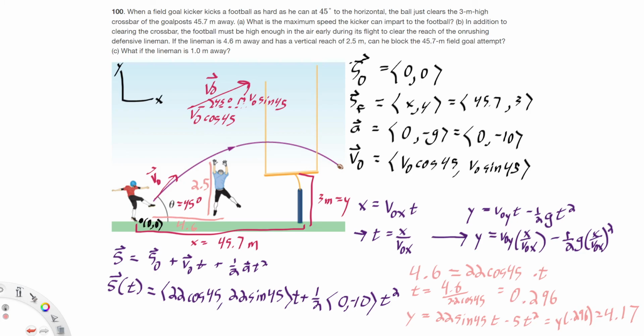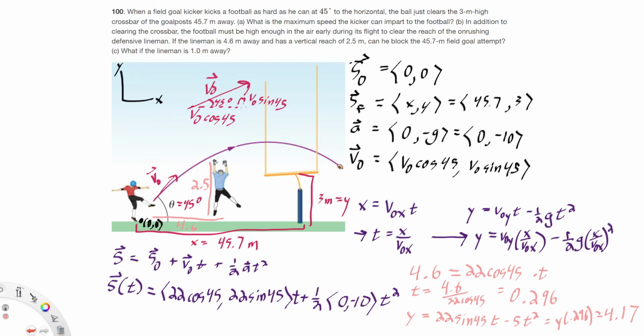Do you have any questions on this part of the problem? Palencia asks, technically, would it be 4.17 minus 2.5 to factor in the height of the player?